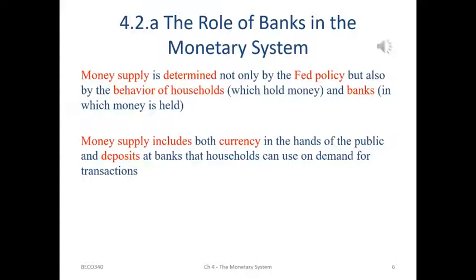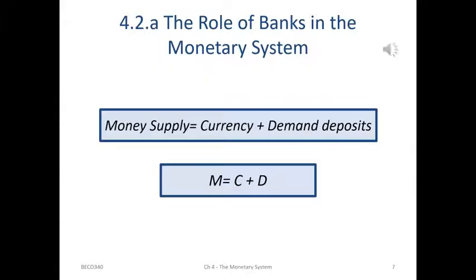We begin by recalling that the money supply includes both currency in the hands of the public and deposits, such as checking account balances at banks that households can use on demand for transactions. Therefore, if M stands for money supply, then C stands for the currency, and D denotes the demand deposits.